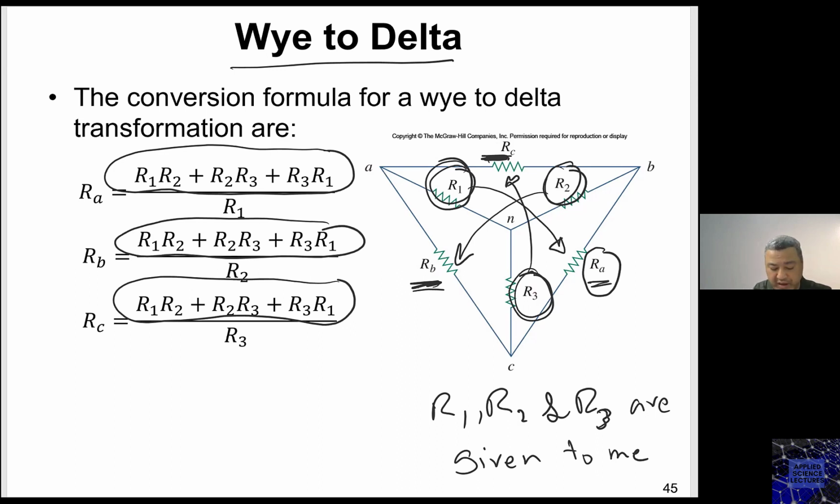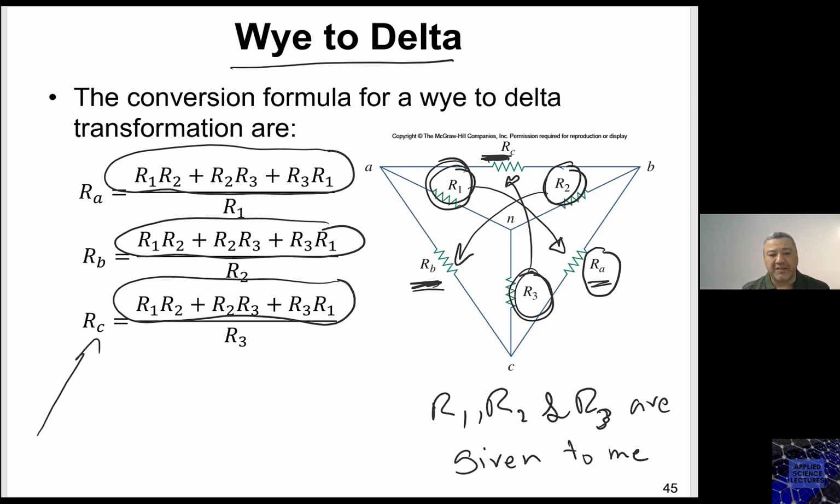Again, the orientations of R1, R2, R3, RA, RB, RC. If you want to use those equations as is, then you have to maintain the same orientation for those resistors. You have to pick R1, RA, RB, and RC exactly the same way they've been picked up here.